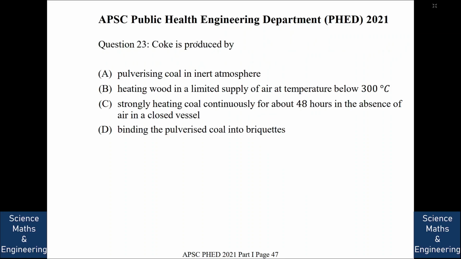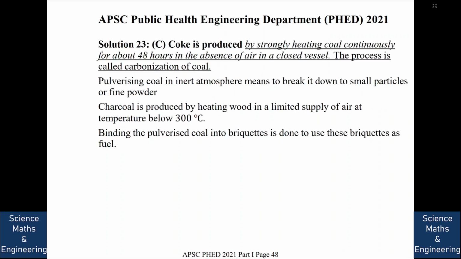Coke is produced by, so coke is generally used for the extraction of iron from its ore. So coke is produced by strongly heating coal continuously for about 48 hours in the absence of air in a closed vessel. This process is called carbonization of coal.